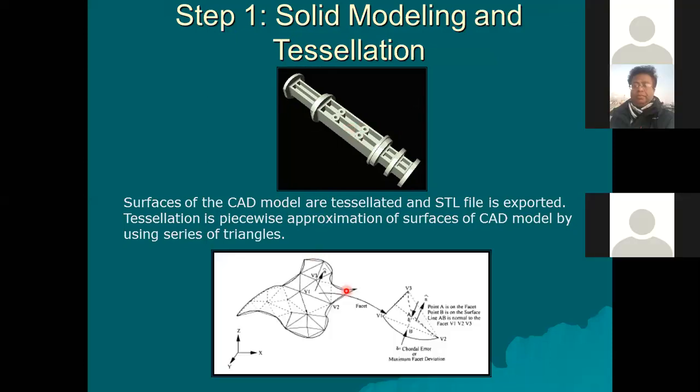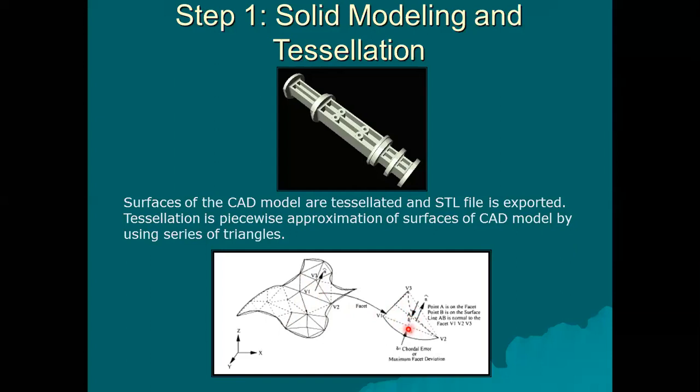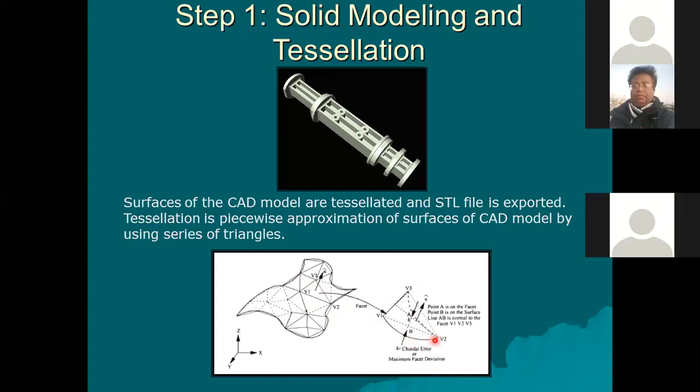I showed you this picture yesterday also: the various surfaces of this CAD model are being tessellated. Tessellated means they are approximated by small triangles, the way it has been shown in this picture. One such triangle has been shown enlarged. V1, V2, V3 is an approximated triangle, and the actual surface is the curved surface given below. So what do you see?